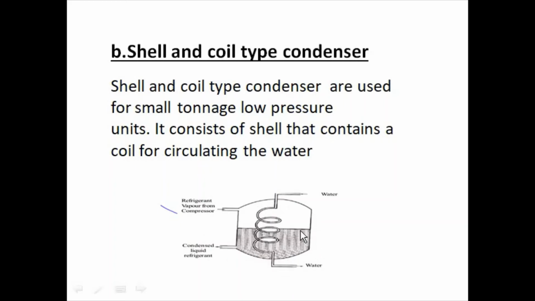This is a coil where water has to pass and provide the cooling required to the refrigerant. Here we have the condenser. The liquid refrigerant has to pass through this outlet, and this is the inlet of the water, and this is the outlet of the water, and this is refrigerant vapor from the compressor.